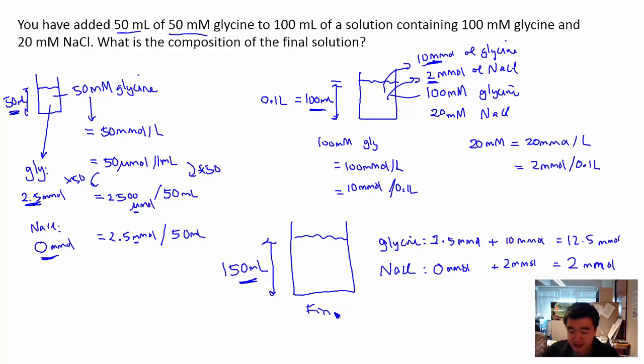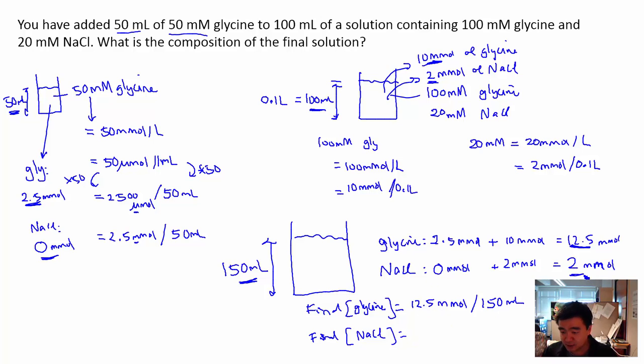So therefore we can say the final amount of glycine is 12.5 millimoles floating around in 150 mils, and for NaCl it is 2 millimoles floating around inside this 150 mils.